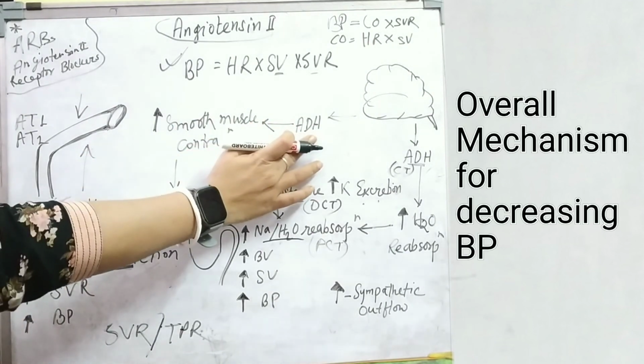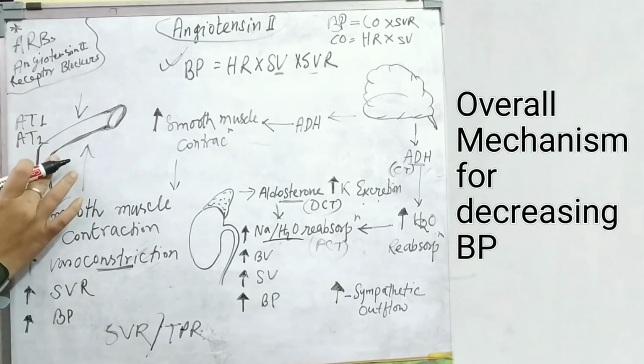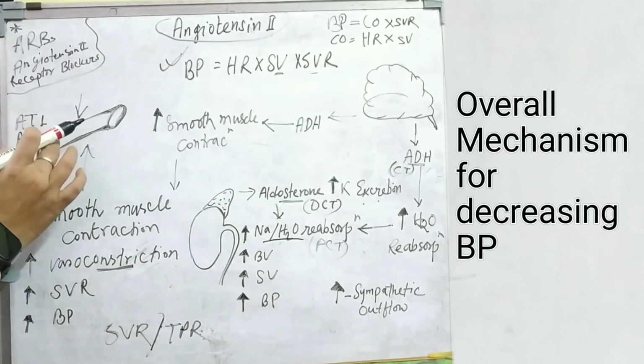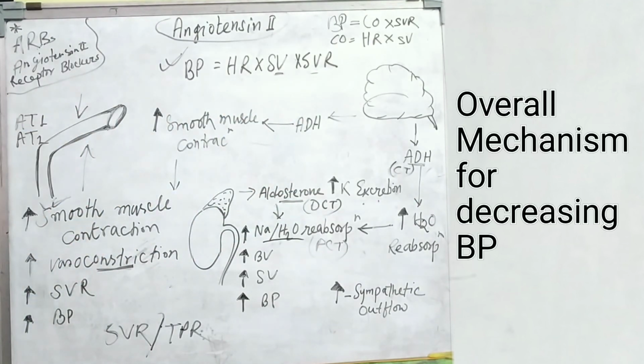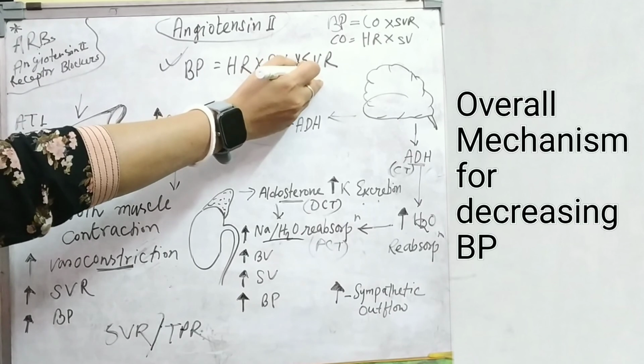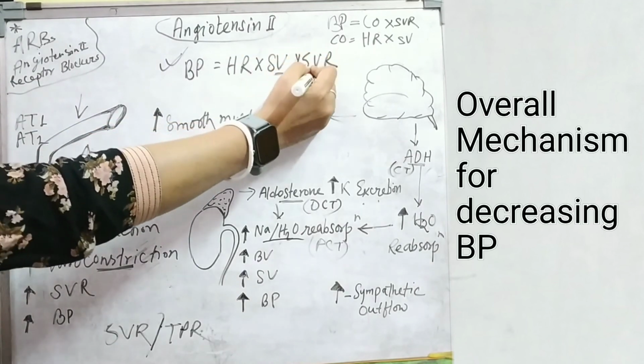As we saw above, the vascular smooth muscle contraction leads to increased vasoconstriction, increased SVR and increased blood pressure. So this thing happens again.